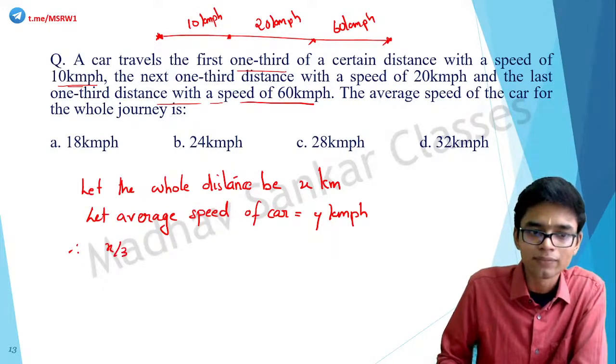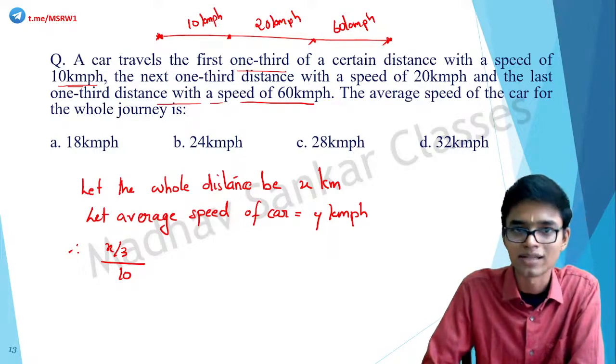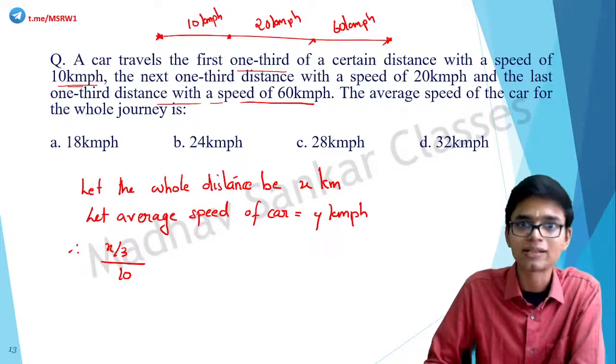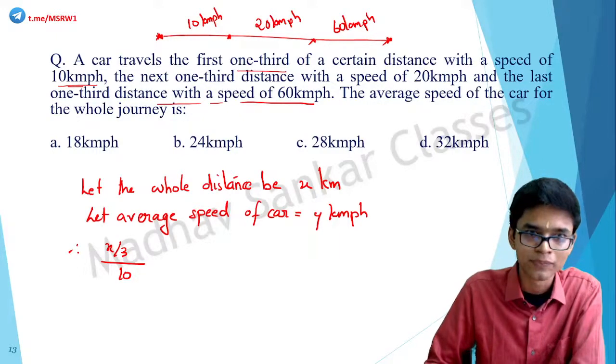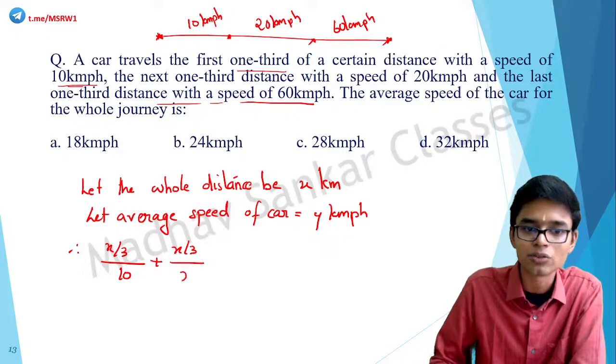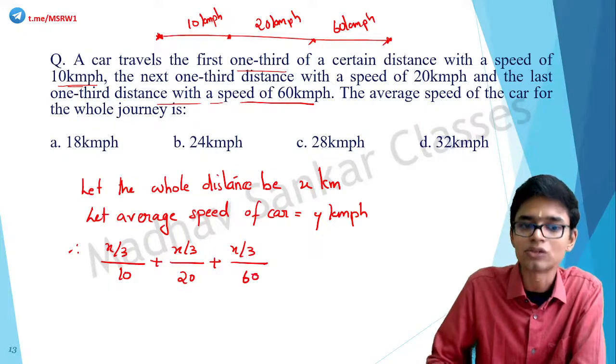Therefore, x by 3 divided by 10. Okay, x by 3 is what? Distance. 10 is speed. So distance by speed will give you time. So this plus again x by 3 divided by 20 plus x by 3 divided by 60. So this is the total time. And what is this?